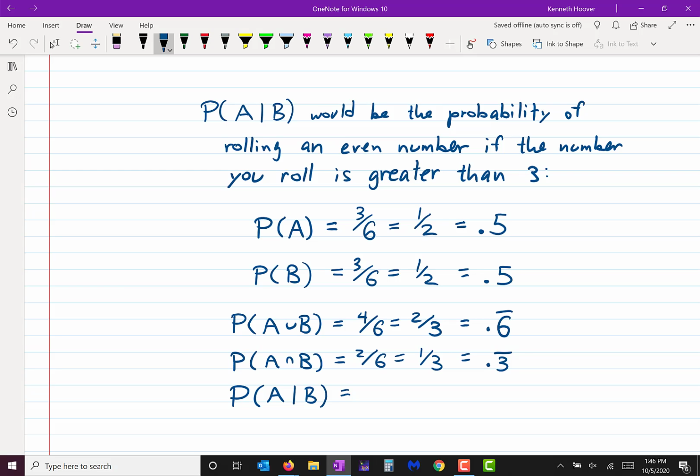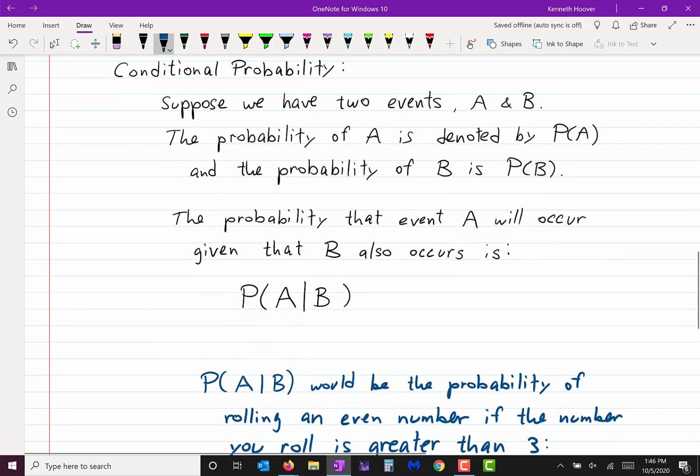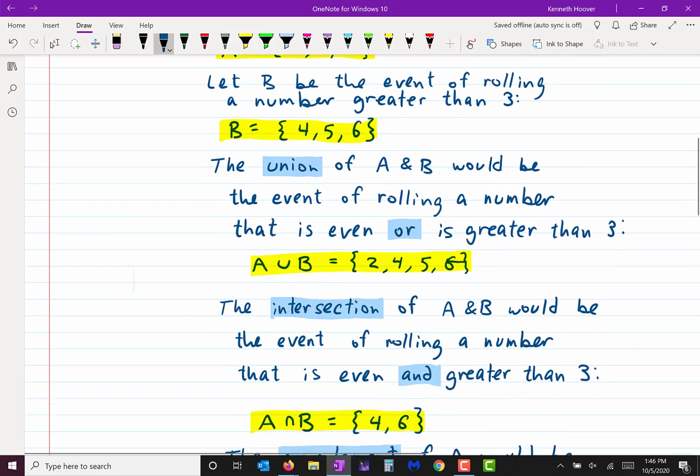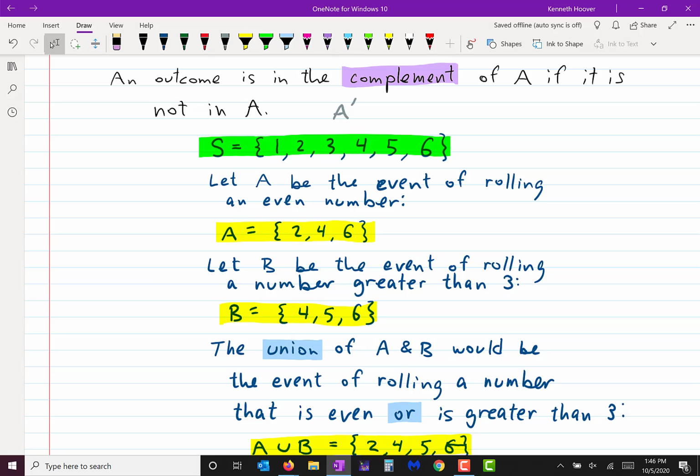So by telling you that I rolled a number greater than 3, it's kind of like I have narrowed down the sample space. It's like I'm saying the sample space is now just the numbers greater than 3. And I'm asking you, what's the probability that I rolled an even number? Now be careful. It's not going to be 3 divided by 3.